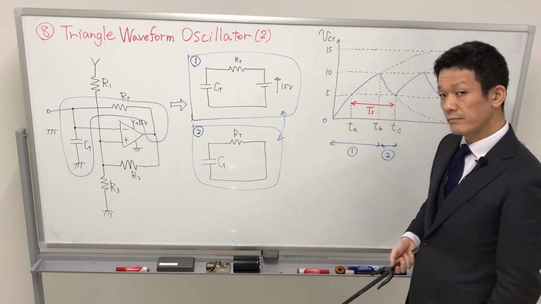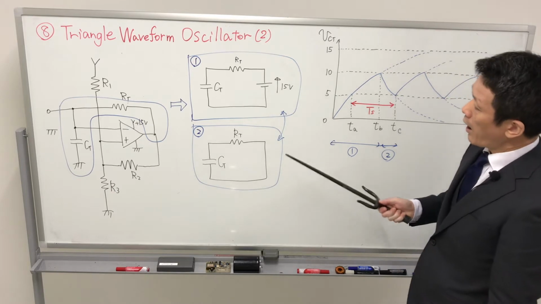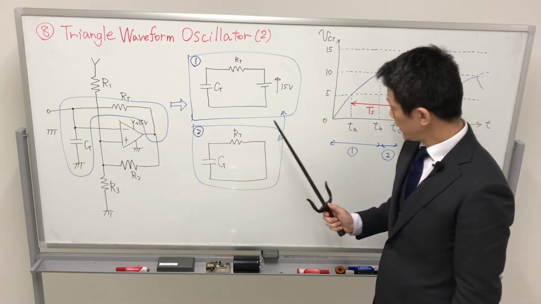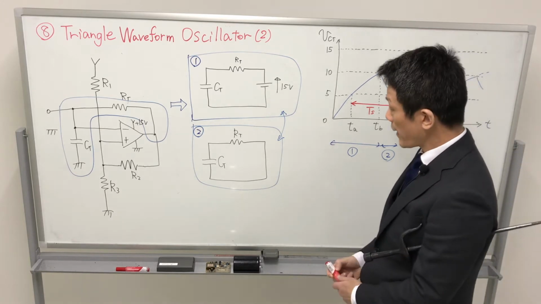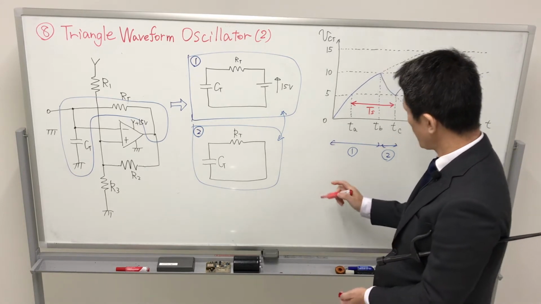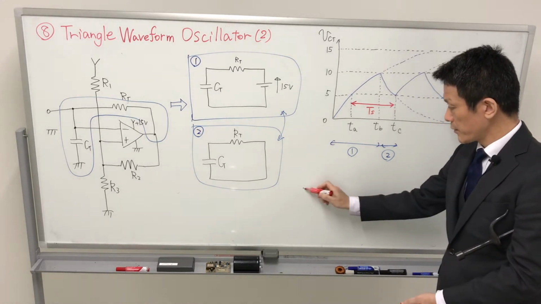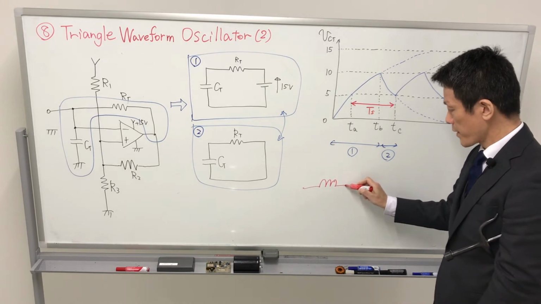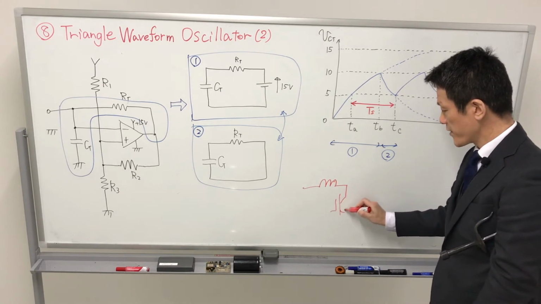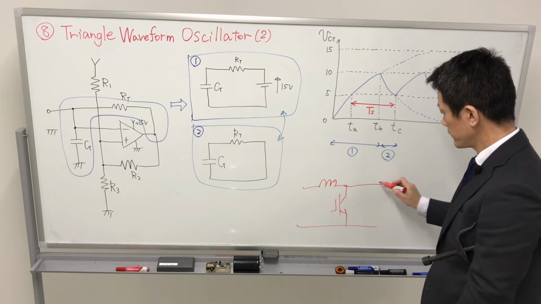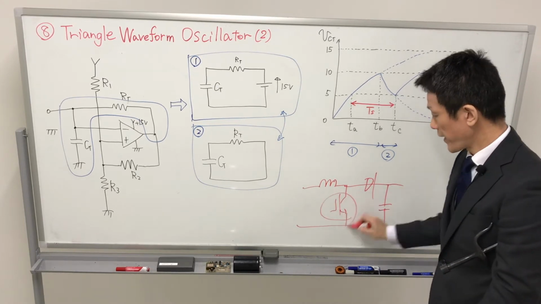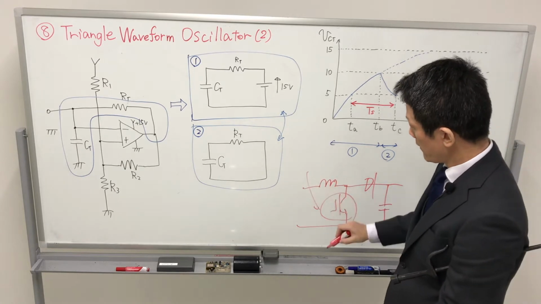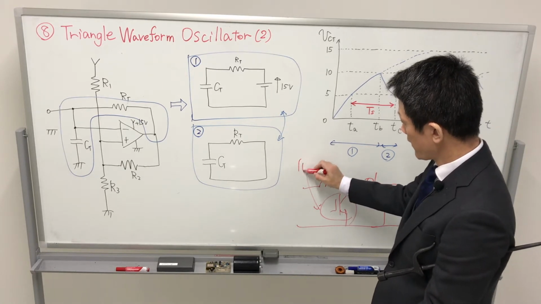Okay, in the report, the boost chopper's switching frequency is ordered to be 10 kilohertz.